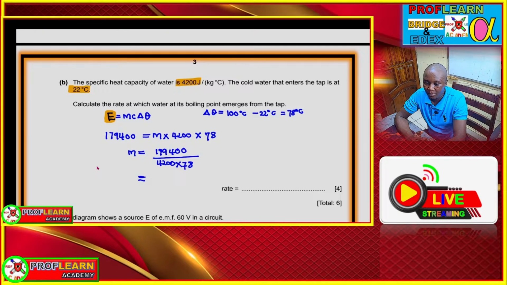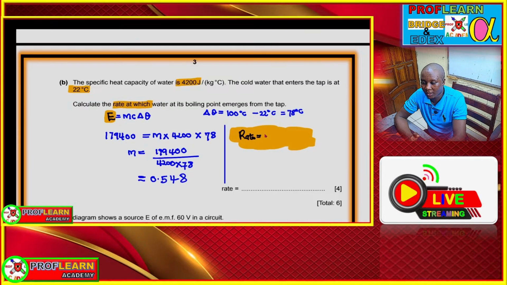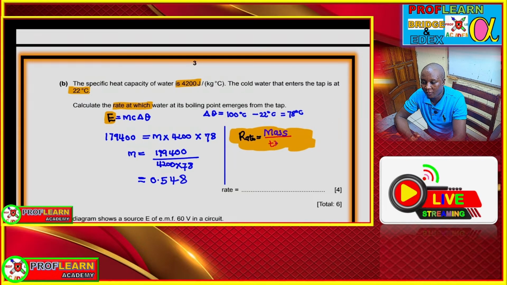And our answer becomes 0.5548, rather. And then now we can calculate the rate at which hot water is getting out. So we can say rate is the mass of water divided by the time taken.